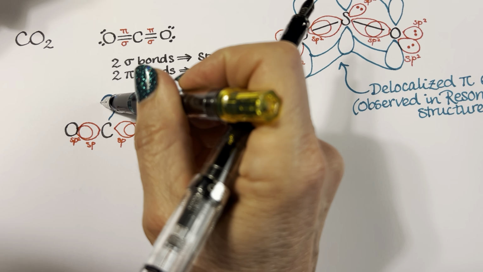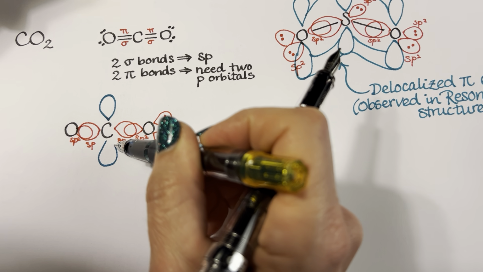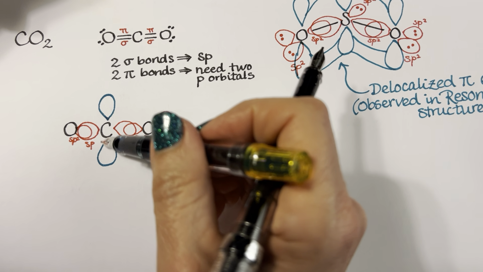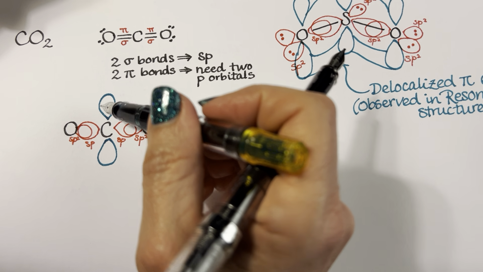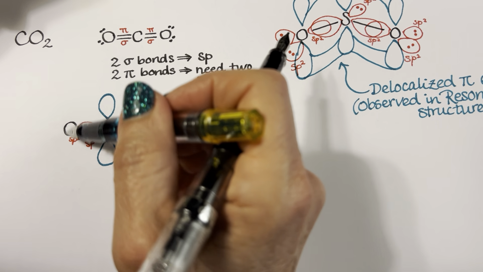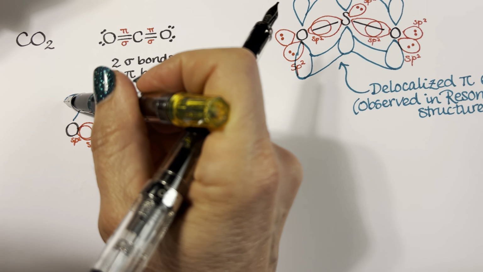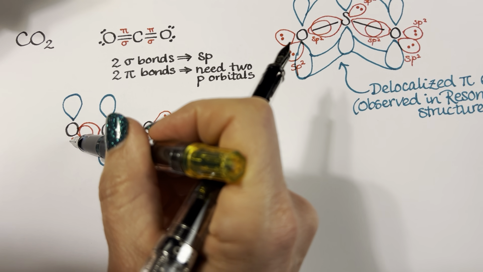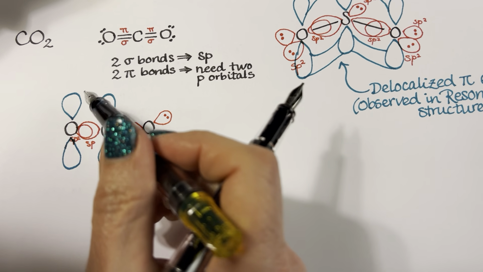On the carbon, there is one of the unhybridized p orbitals, and it needs to be parallel, in the same plane as the p orbital with which it is forming a pi bond. Okay?